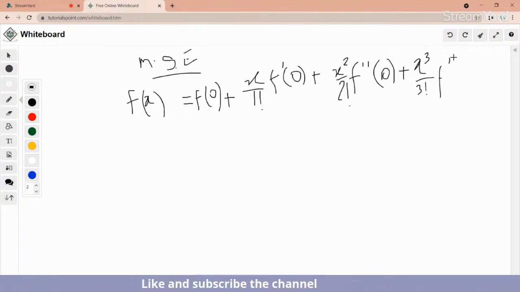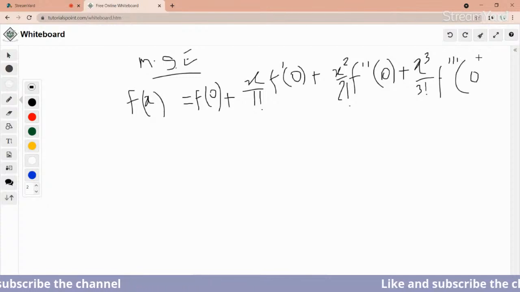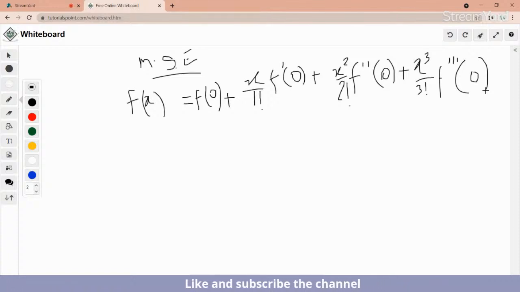Now what are these dashes? These are the number of times the function f(x) is differentiated. When there is a single dash, f dash, then it's differentiated a single time. f double dash means differentiated twice. So you're understanding how it is.